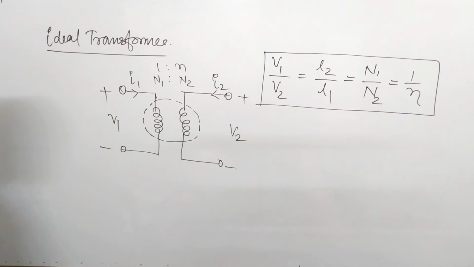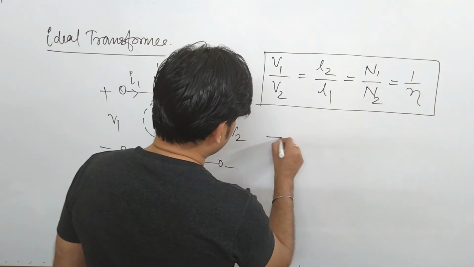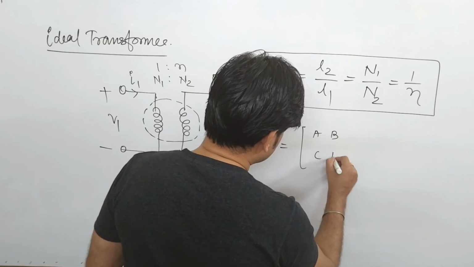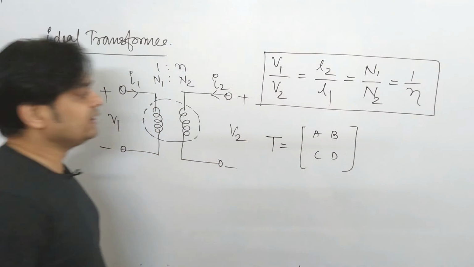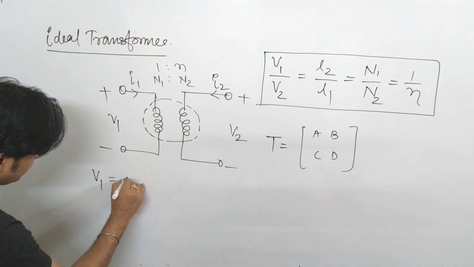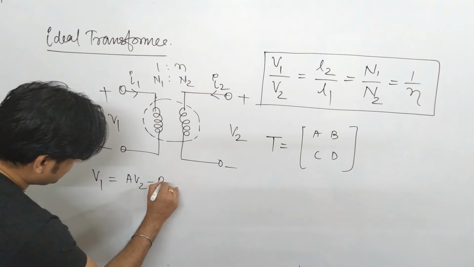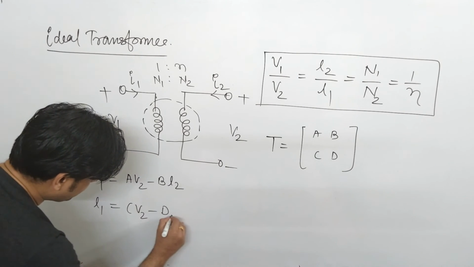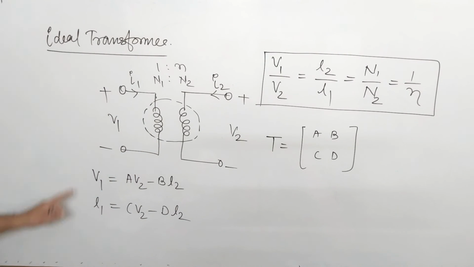For an ideal transformer, generally the T network is asked, that is your transmission network, and it is given by A, B, C, D. So you have to find A, B, C, D. The equation for the T network is V1 is equal to A V2 minus B I2, and I1 is equal to C V2 minus D I2.